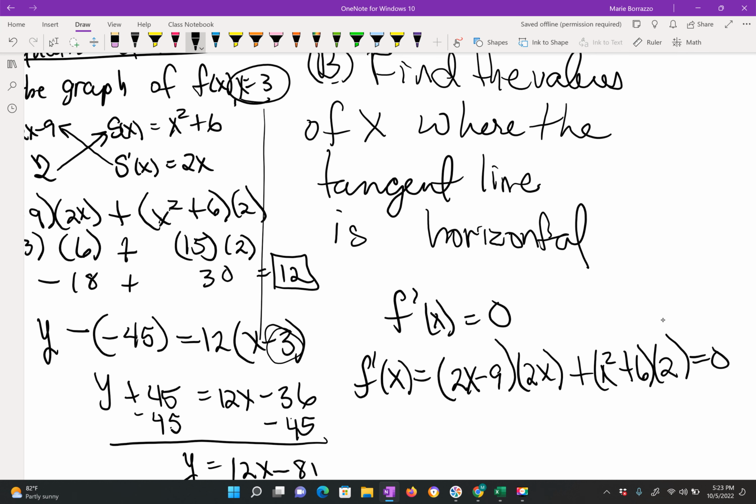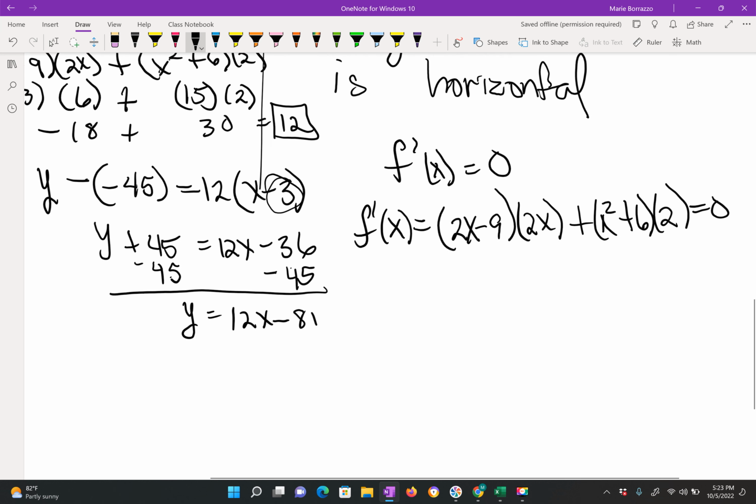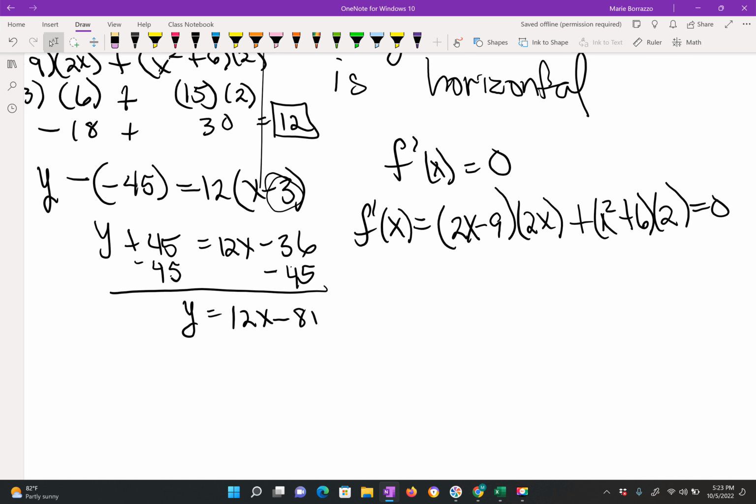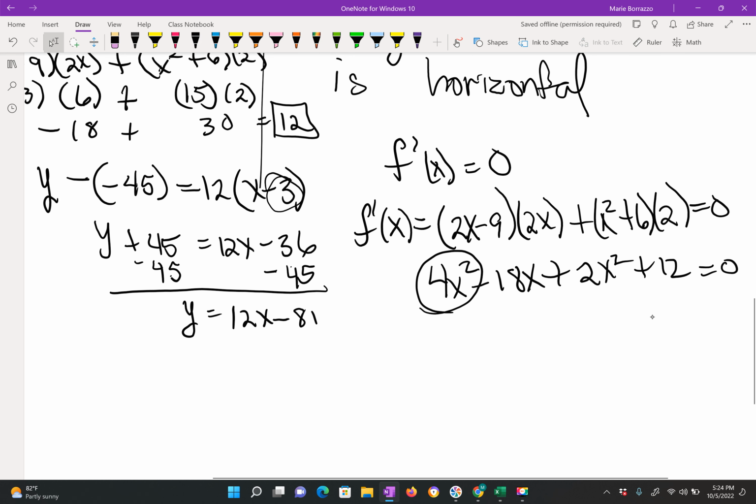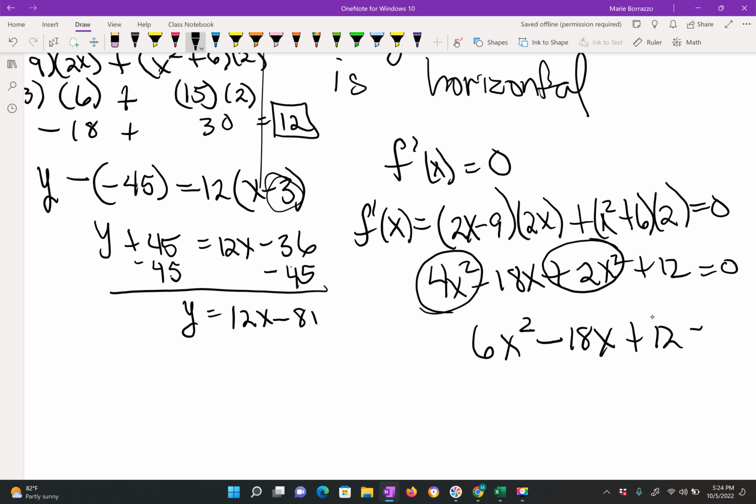So we have to distribute and then factor. If I simplify this, this will be 4x squared minus 18x plus 2x squared plus 12, and that's equal to 0. Put that together, and we get 6x squared, a negative 18x, and a positive 12 equal to 0.